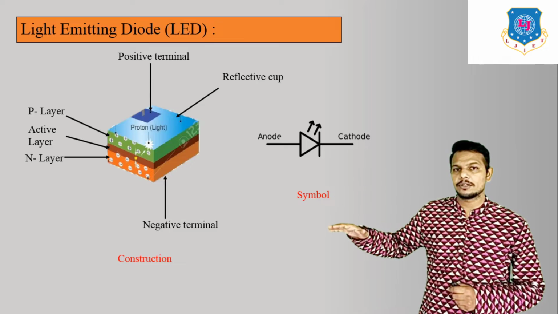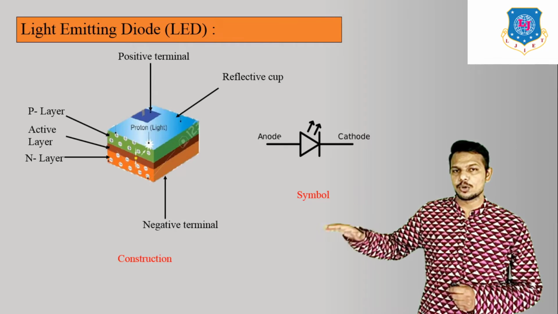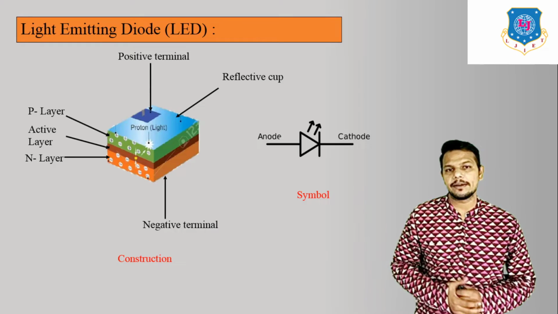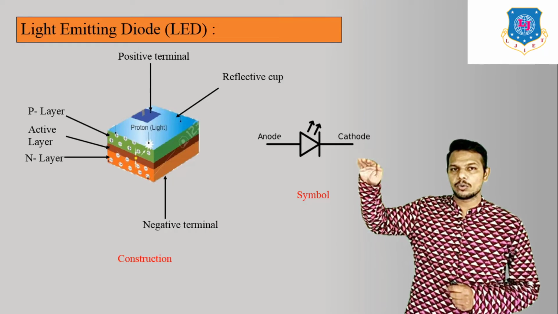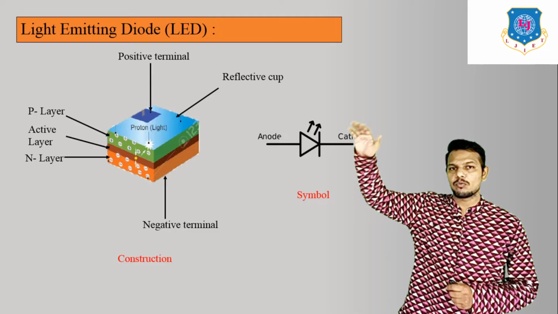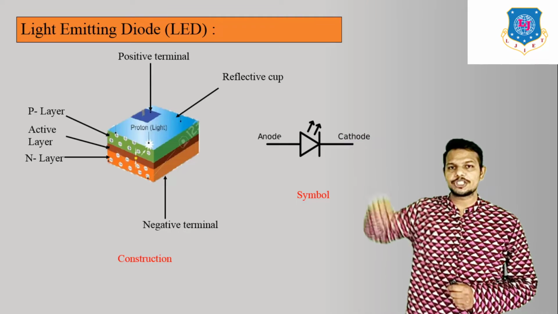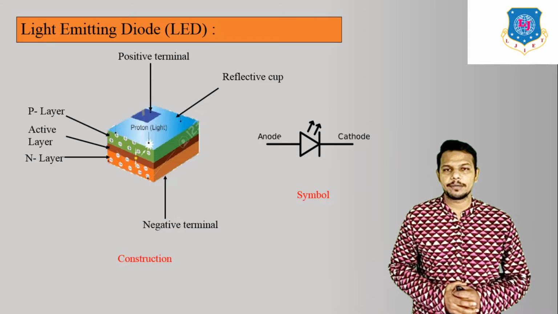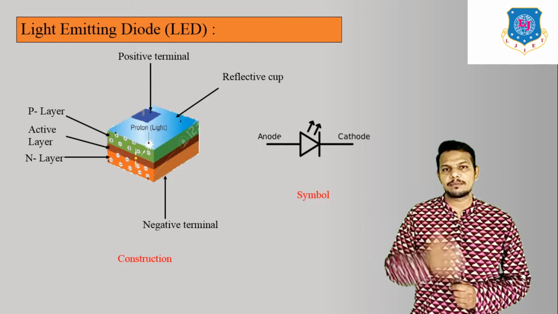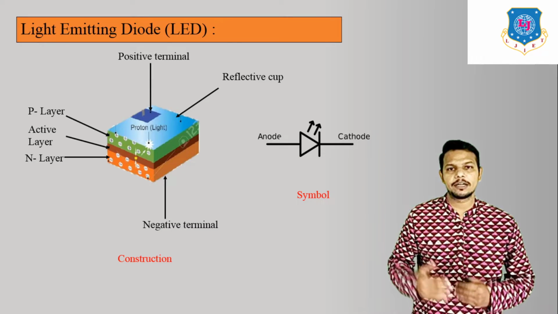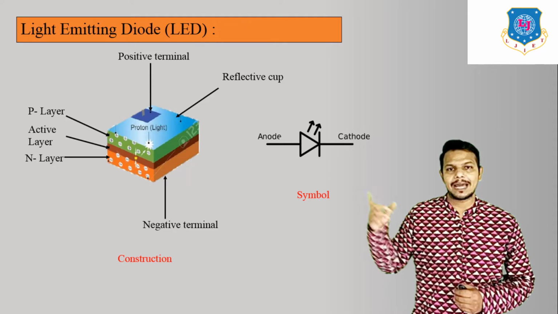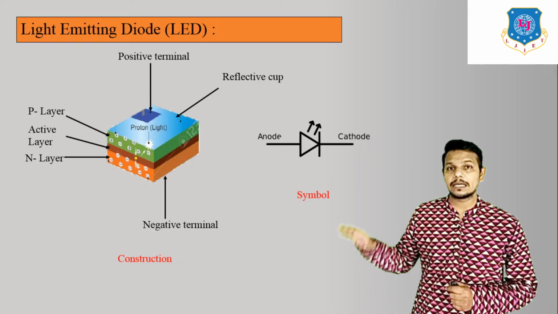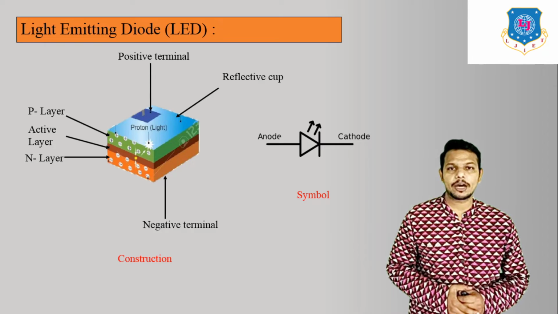Then one region is the active layer, and below is the N layer. Above the reflective cap, one blue area indicates the positive terminal, and below is the negative terminal. If we connect the positive and negative terminals with a battery, light is emitted from this reflective cap. So this is the construction of a light emitting diode.